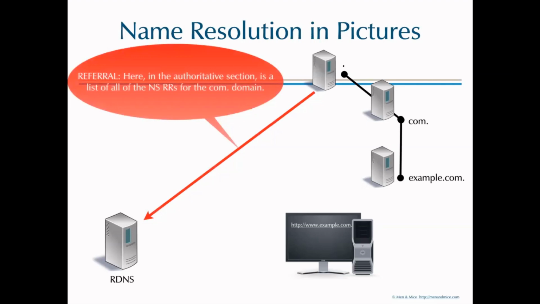So referral. Here is a list, not in the answer section, but in a section called the authoritative section of the DNS message, of all the servers that are authoritative for com. Now, we have some words here and some concepts here that come early in the course that we're not going to define in detail, but what we'll say is authoritative section.